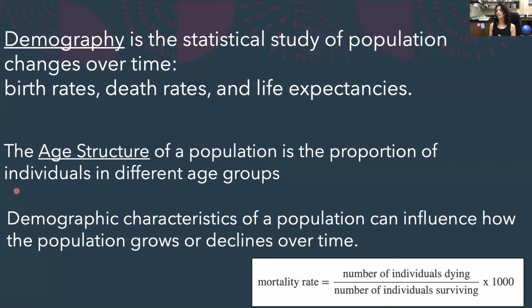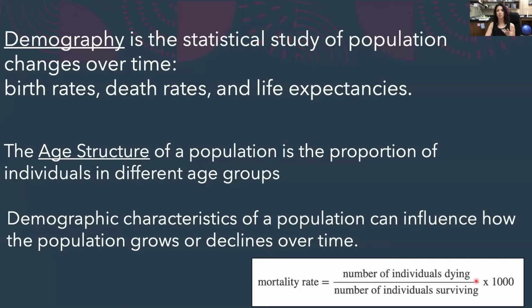So all of this is to say that these demographic characteristics of a population can influence how the population grows or declines over time. And the mortality rate here we can represent in a population of any species to be the number of individuals dying divided by the number of individuals surviving multiplied by 1,000.